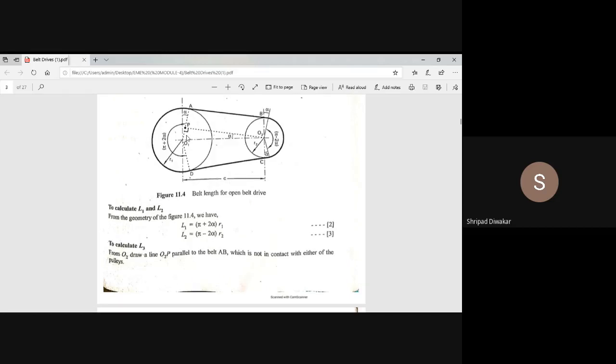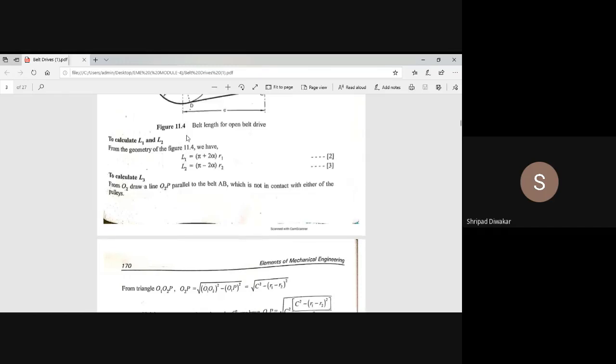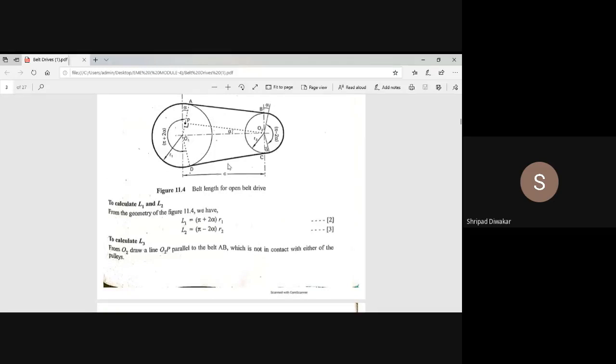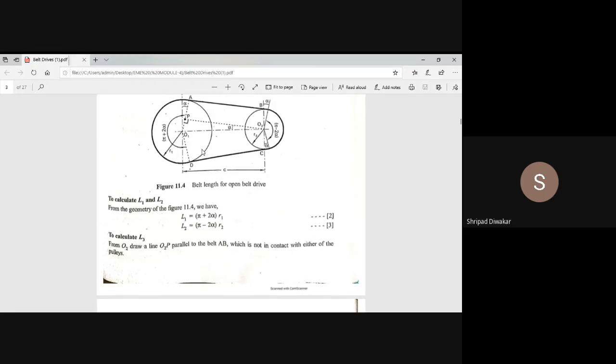Then you have to apply the Pythagoras theorem. You already know the Pythagoras theorem. O1O2P is a triangle such that angle O1PO2 is 90 degrees. Then what is O2P? O2P is this side.